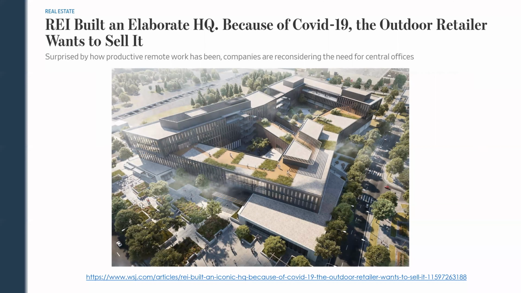And I think a lot of people saw this story last year with REI, the outdoor retailer, in the middle of the pandemic, deciding to bail on their new headquarters that they had been constructing, based on how well remote work was going. You could see it's quite the headquarters they built, and they won't even occupy it.